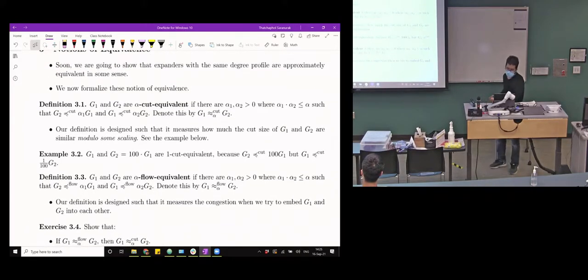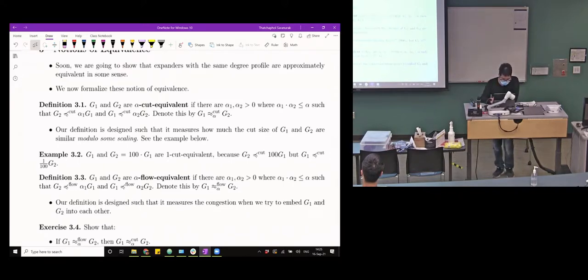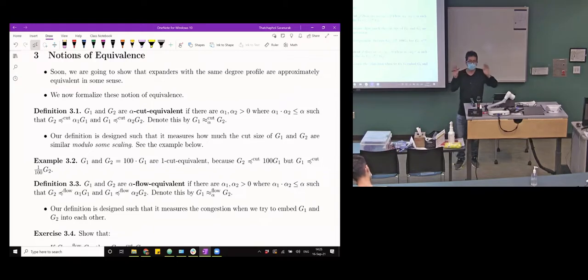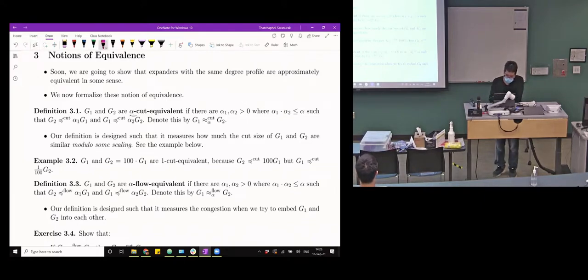Just some more definitions. We have seen how to compare two graphs in the cut sense and in the flow sense. I would like to introduce the notion of equivalence in the cut and flow sense.